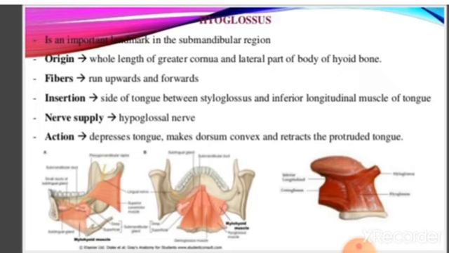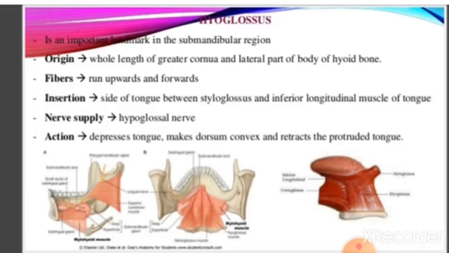Its origin is from the whole length of the greater cornua and lateral part of body of hyoid bone. Fibers run upwards and forwards. Insertion is at the side of the tongue between styloglossus and the inferior longitudinal muscle of tongue. Nerve supply, hypoglossal nerve. Action: depresses tongue, makes dorsum convex and retracts the protruded tongue.